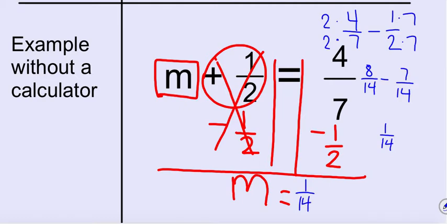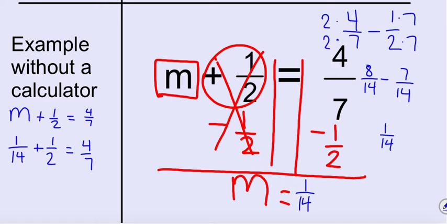I'm going to go back and check my work. So I'm going to take that original equation, which was M plus 1/2 equals 4/7, and I'm going to take the 1/14 that I just solved for and put that in place of M. I'm going to add the 1/2 and make it the same as the 4/7.